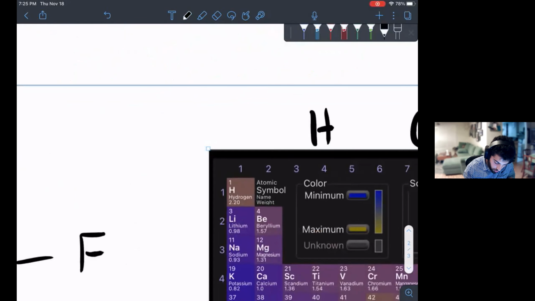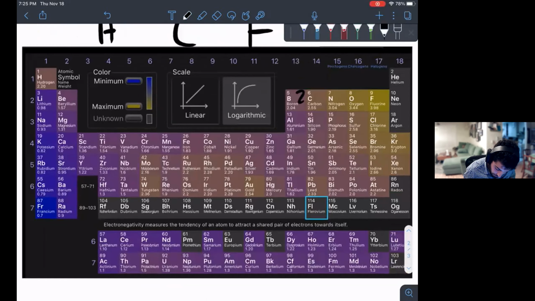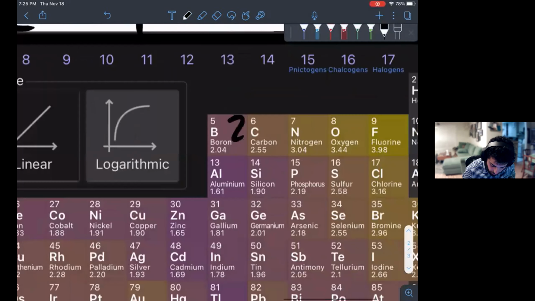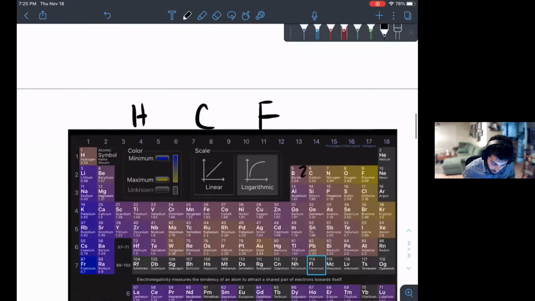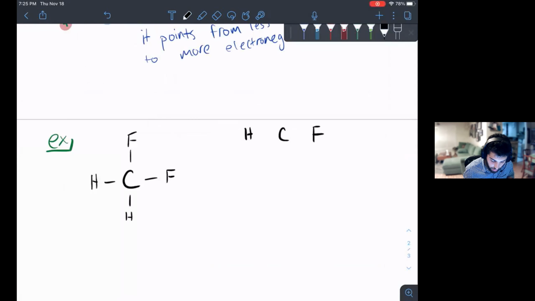H is 2.2, C is 2.5, and F is 3.98. So I'm going to get rid of this because I don't want it right here. We'll just draw a little arrow and say increasing electronegativity.